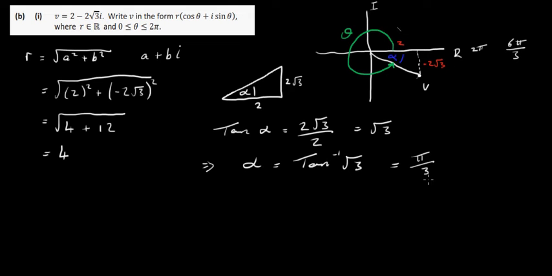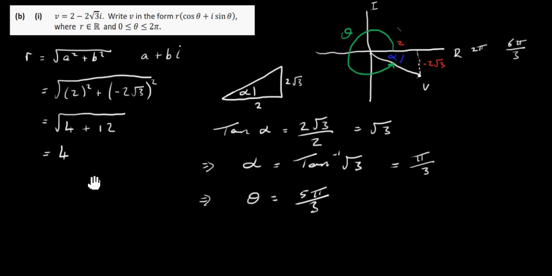Because we have a pi over 3 here. So what have we done? This angle alpha is 1 pi over 3. So we haven't actually gone all the way around to 6 pi over 3. We've gone 1 pi over 3 back here. So this angle theta is going to be 5 pi over 3. So in other words, our angle theta here is going to be 5 pi over 3.